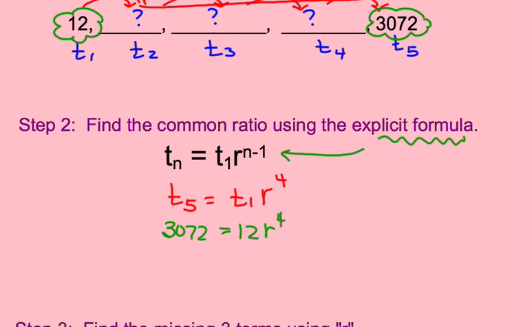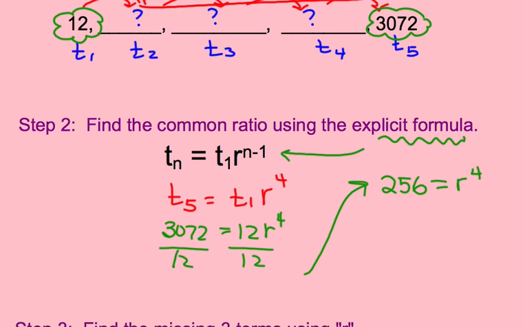So step 1 is to divide both sides by 12 to solve for r. So we say 3072 divided by 12. Just kind of jump over to here, I ran out of room. So we get 256 equals r to the 4th.